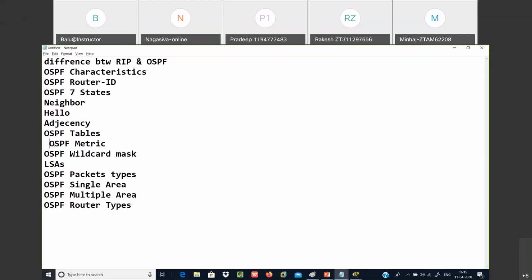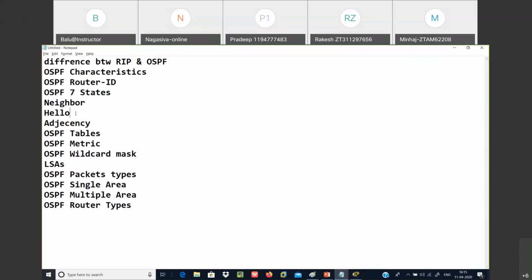So what should match in the hello packet? Area ID should match, network ID should match, subnet mask, hello timers, dead timers, and authentication. Once the hello packet matches, neighbors are successfully called adjacencies. Then adjacency database data is exchanged, right?